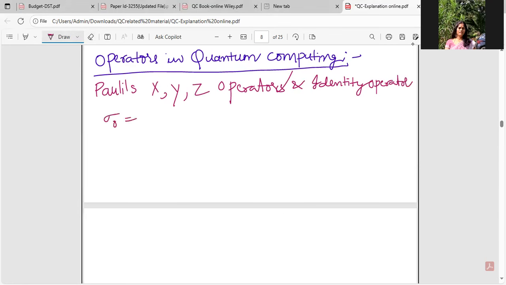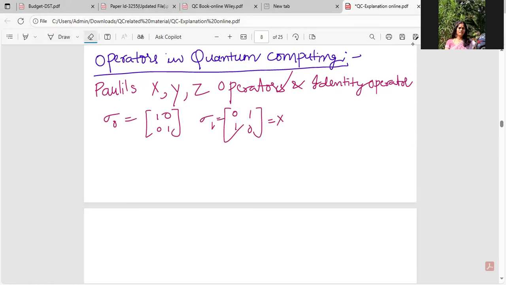Sigma naught stands for the identity operator, that is 1 0 0 1. Sigma 1 stands for the X operator, that is 0 1 1 0. Sigma 1 you can say, or sigma X also you can say.